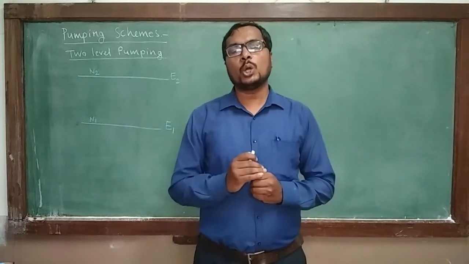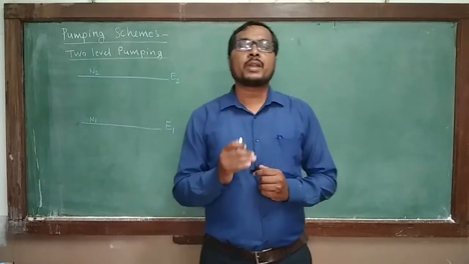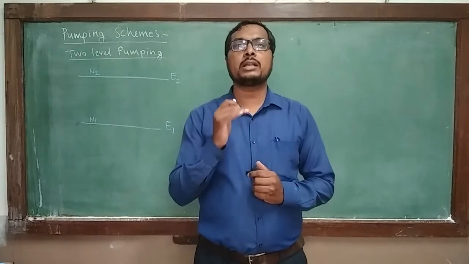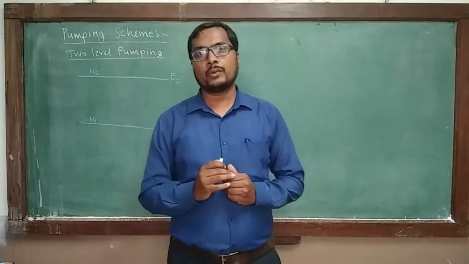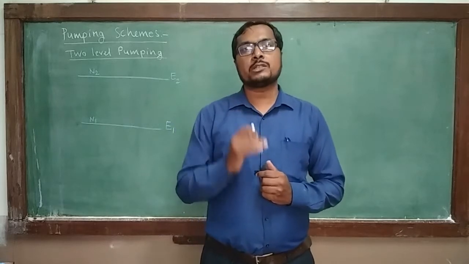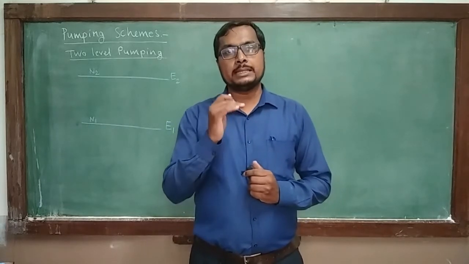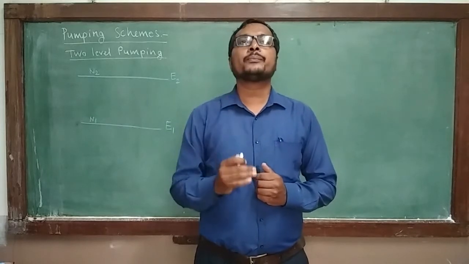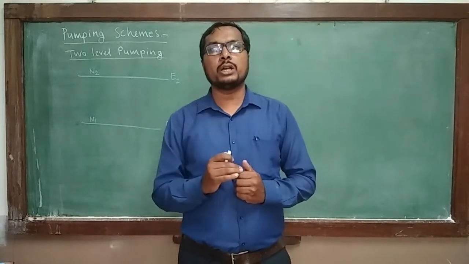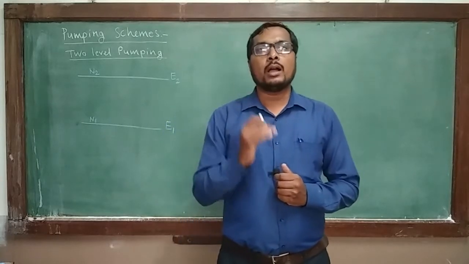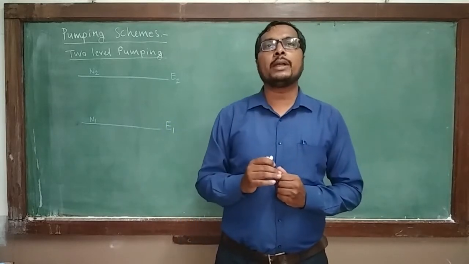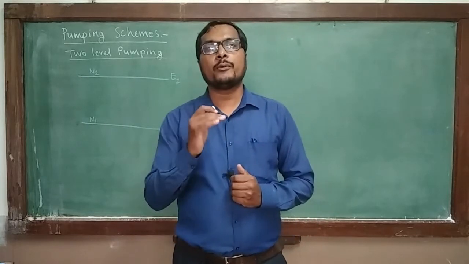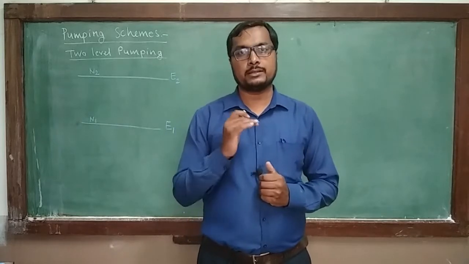This can be possible only when the atoms in the upper energy level stay there for a longer time before they decay. We know that in the process of spontaneous emission, the atoms in the excited state decay to the ground state or lower energy level, and it has a very short lifetime, a very short duration for which the atom can remain in the excited state.